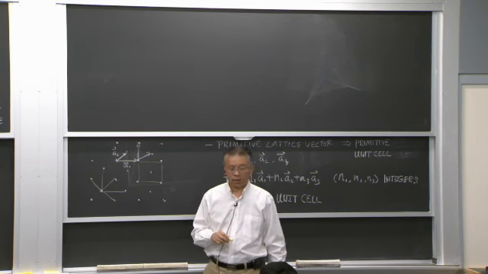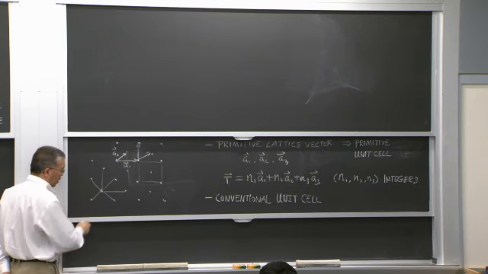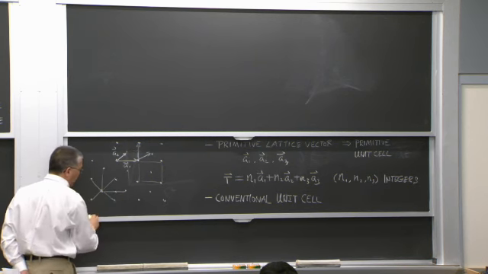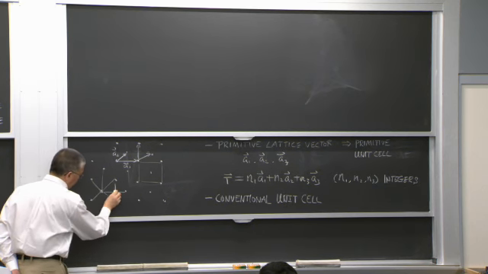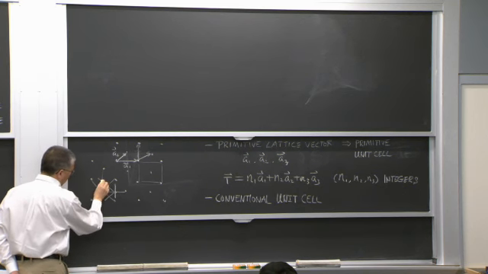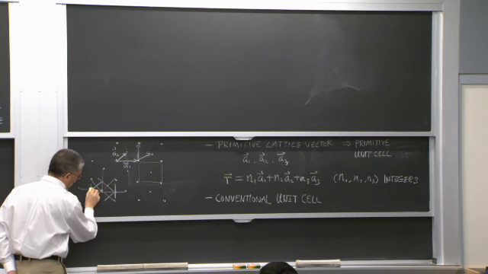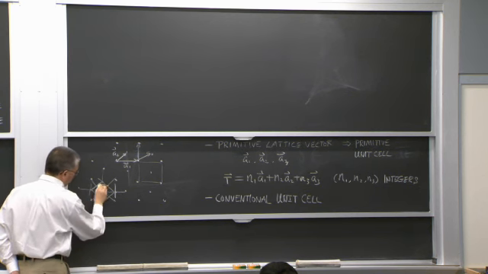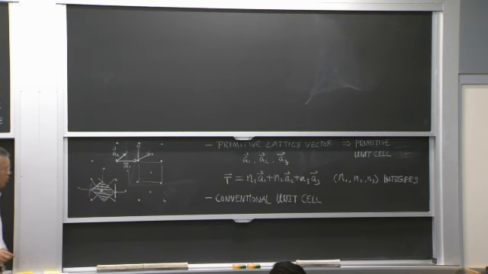And then I take the bisectors of the lines to those points. So this is a bisector, and here is a bisector, and here is a bisector, and you have another point here. And it turns out this one is not a regular cell. It doesn't look very good, right?